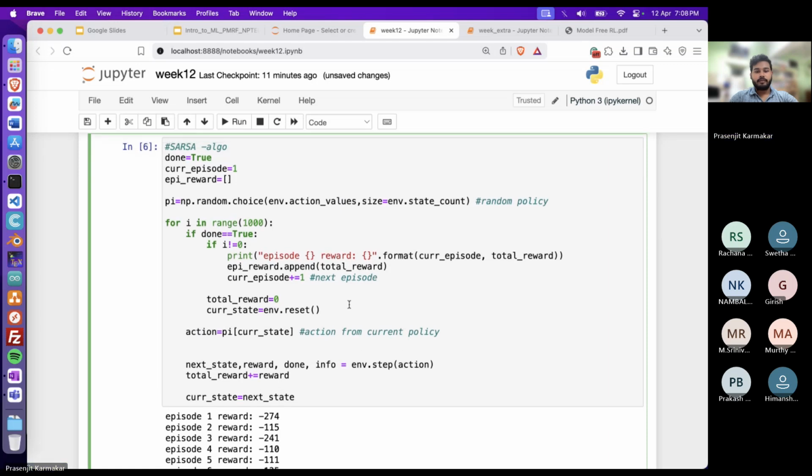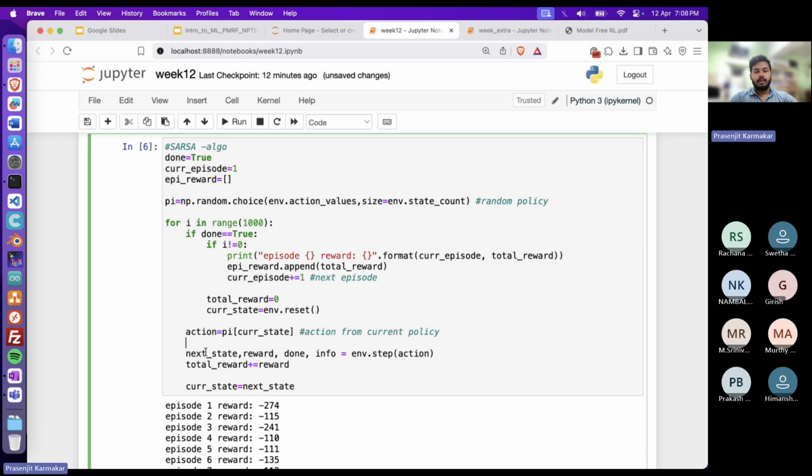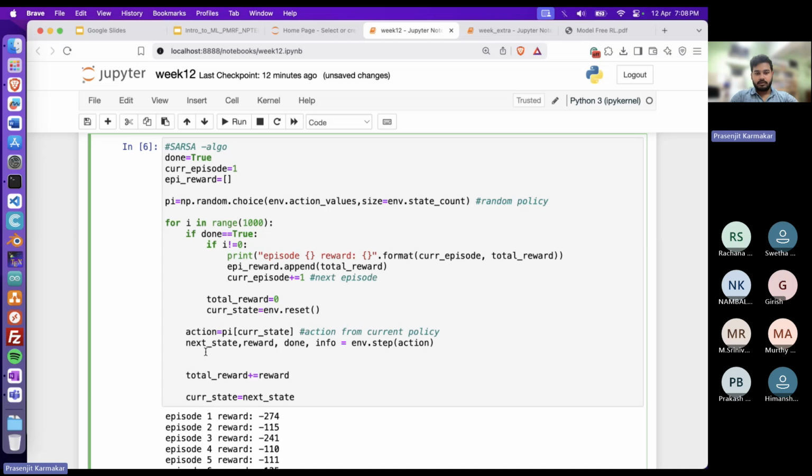Now this is fine. I take S, A. This is A, right? And A prime I can take from the policy pi because I have S prime. What is the next state? This is okay. What is the next action? Next action, I can take it from pi.